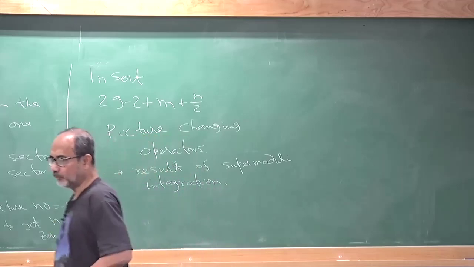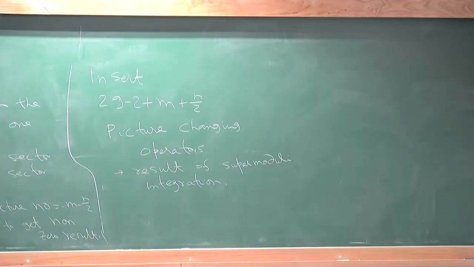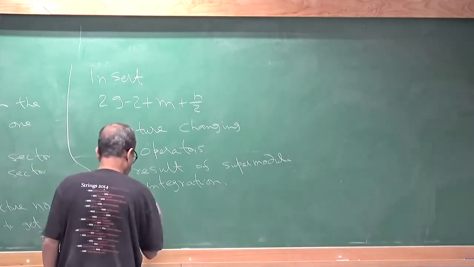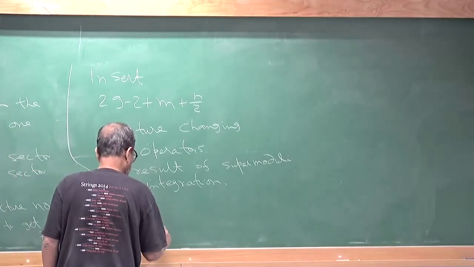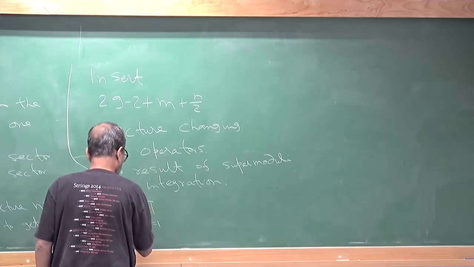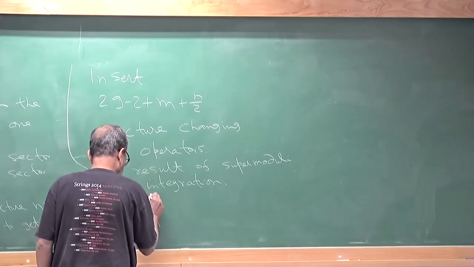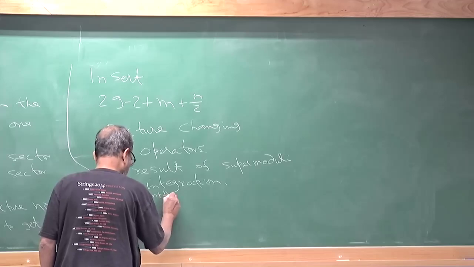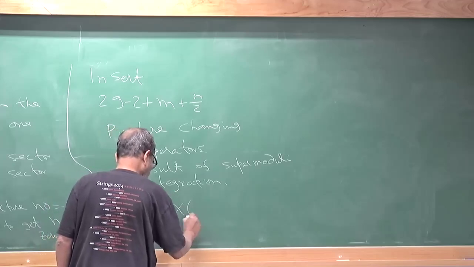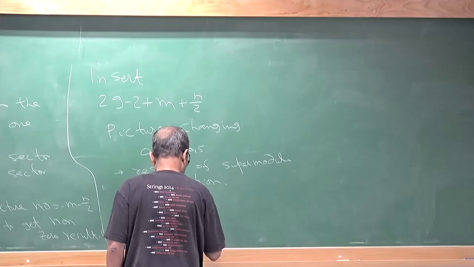And then the question will be, where should we insert these picture changing operators? Because picture changing operators can be inserted anywhere on the Riemann surface. So you have a product over alpha equal to 1 to this number, 2g minus 2 plus (m plus n)/2, and we call the insertion points y alpha.